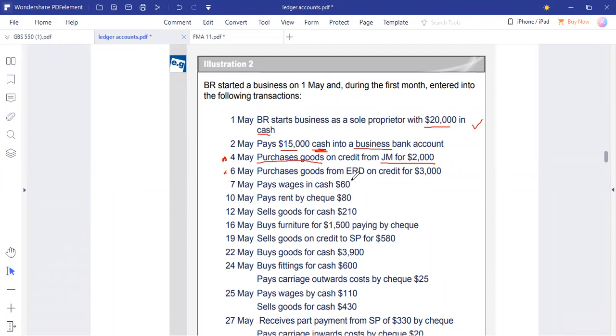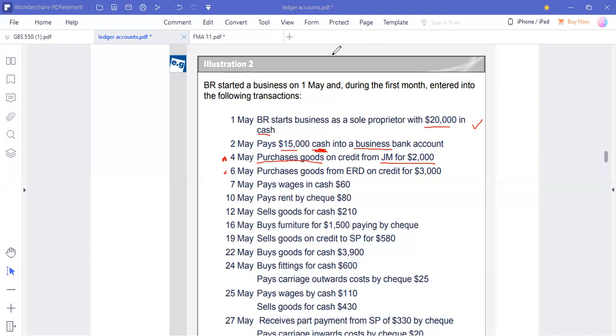Purchase goods from ERD on credit at 3,000. This one is a similar one. Can somebody try? Which two accounts are we looking at? Mr. Collins?